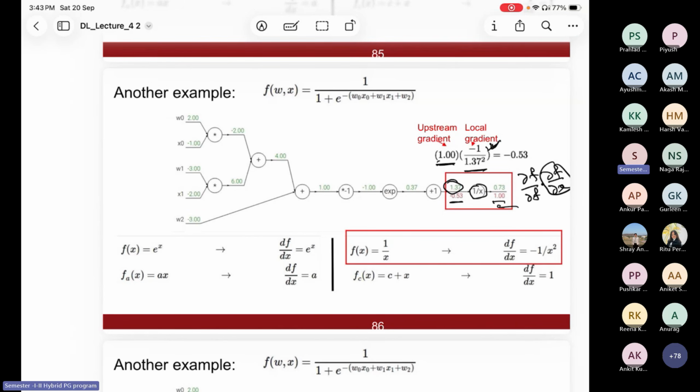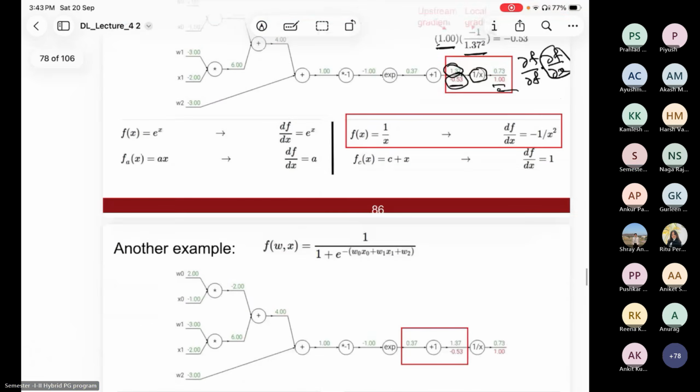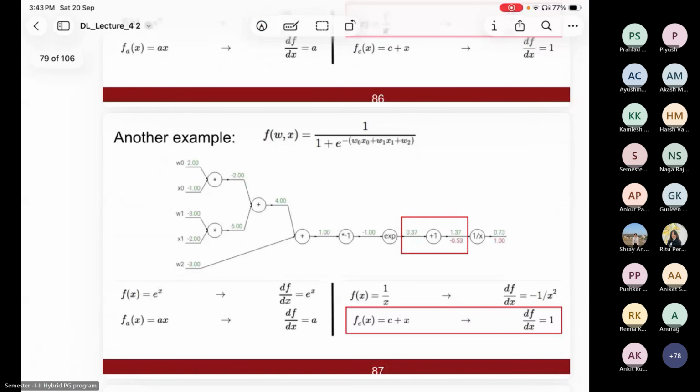The 1 is the upstream gradient coming from here, and the local gradient gets multiplied, giving you this downstream gradient. Now this will be considered the upstream gradient for the previous function. So let's see the previous function. Now just go back. Now I am here.